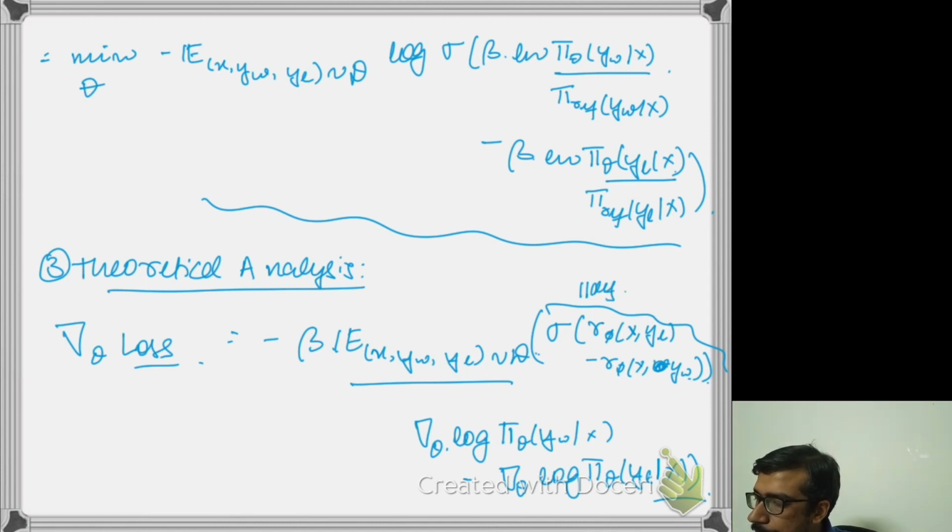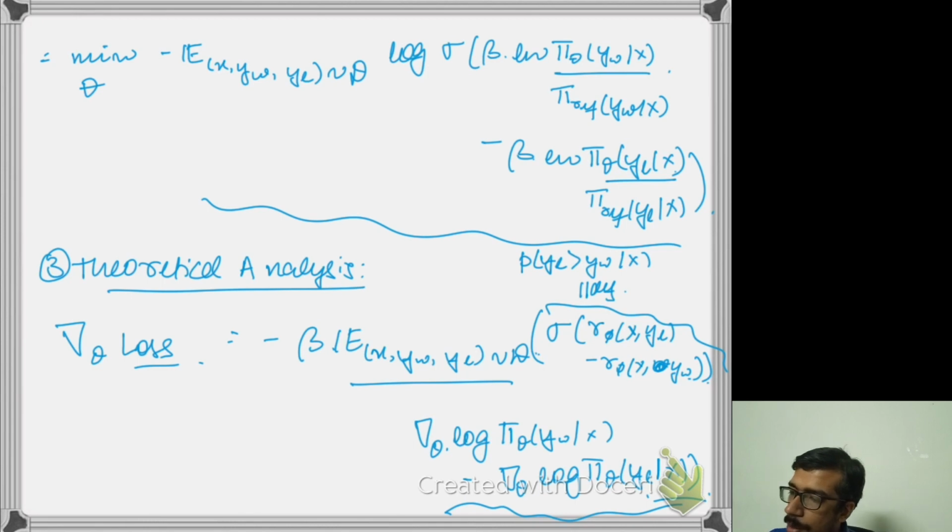So we have that gradient as the expectation, and this is this quantity sigmoid, right? So this is nothing but the probability that the losing response is better than the winning response given x, and this consists of the difference of gradients between log pi theta y w given x and log pi theta y lose given x.